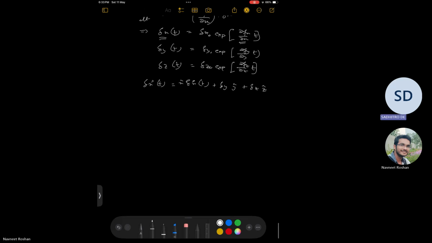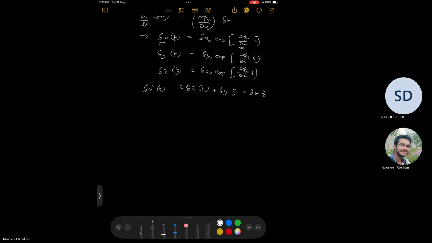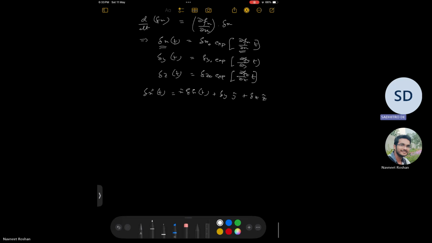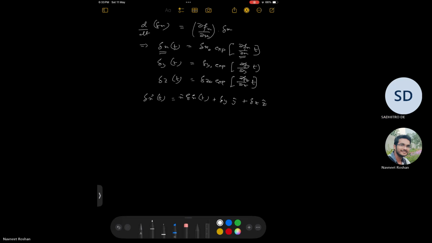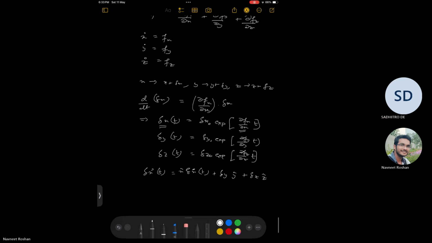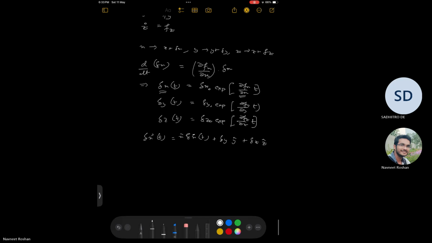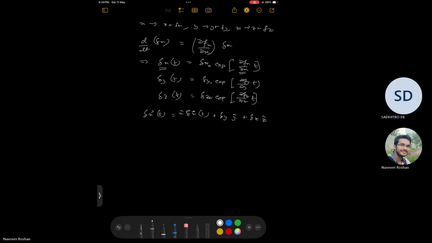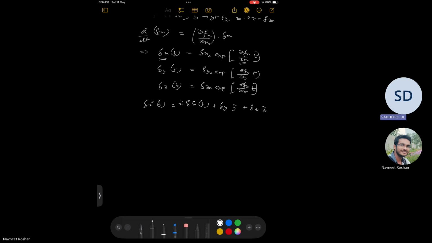Okay, so then the magnitude of the perturbation, or the norm of the perturbation, is basically given by the sum of the squares of these things.